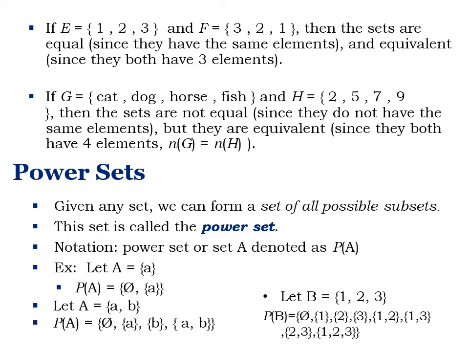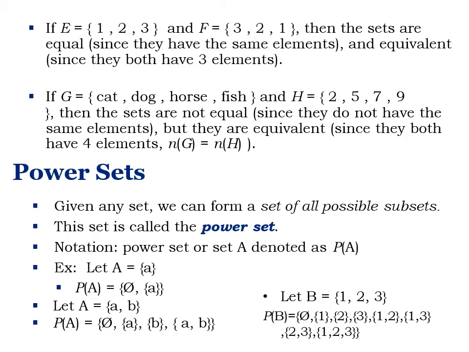You should always include in your power set the null set and the other elements. For example, if you have the set A with elements a and b, then your power set should include the null set, a, b, and a and b.